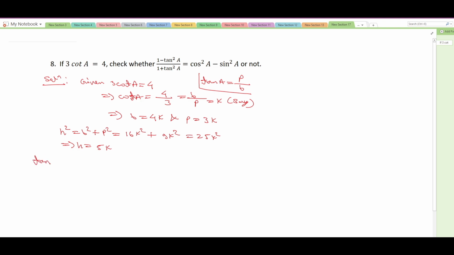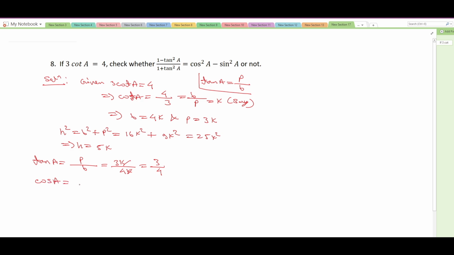Now tan A equals p by b. Here p equals 3k and b equals 4k. This is equal to 3 by 4.